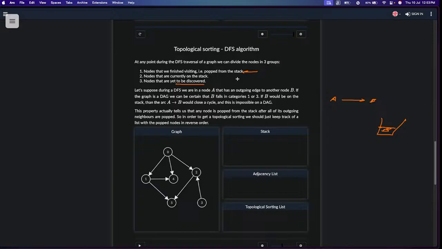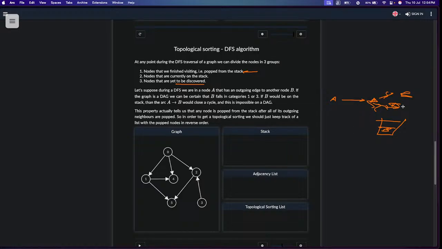If this is done, this should also mean that B should have all its outgoing neighbors popped. So when I say outgoing neighbors, it could be like probably C and D. So these should be popped first, and that's when B can be popped, right?